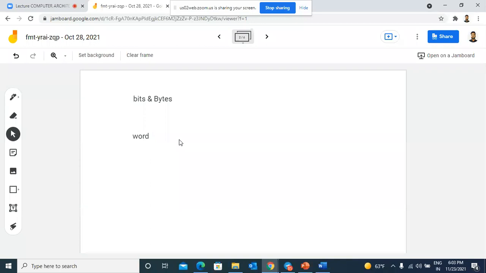Okay, fine. 8 bits is equal to 1 byte, and 1 word is equal to 2 bytes. So 2 bytes, 4 bytes, in this way these are the arrangements. Now come to this point.